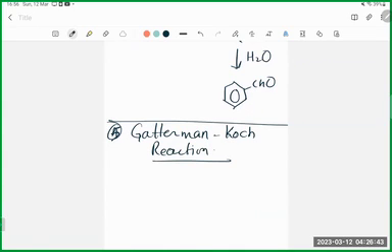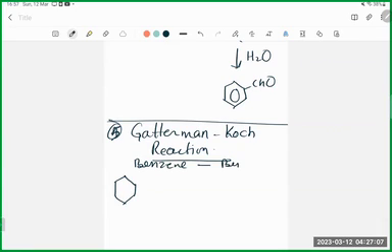In Gattermann, benzene diazonium chloride, when treated with copper metal, gives, tell me the product. What product do we get, Hridaya? Haloarene, right? So that was the Gattermann reaction. Now Gattermann-Koch, what is this? From benzene we get benzaldehyde. So benzene gives benzaldehyde in the Gattermann-Koch reaction.